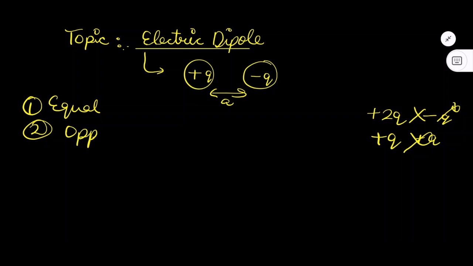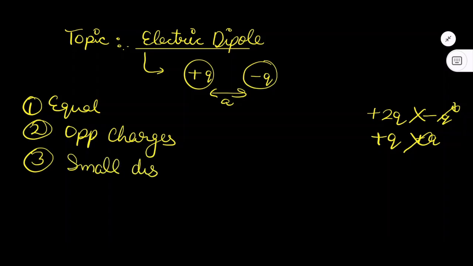For that we must have equal and opposite charges separated by a small distance. So these are the conditions, and if we need to define it, we can define it this way: it is a configuration of two charges of the same magnitude and opposite sign, separated by a small distance. That configuration is called the electric dipole, right?